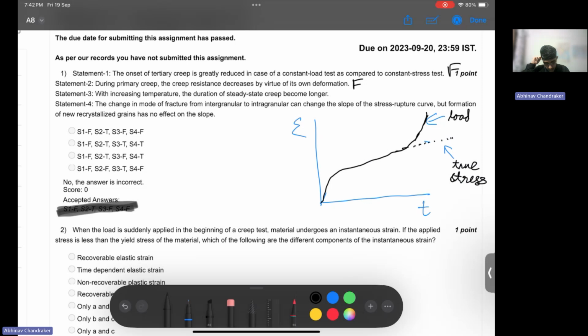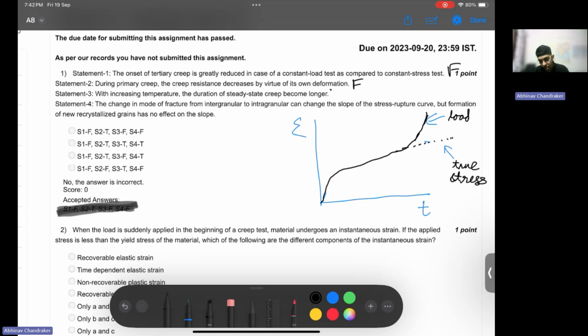I think the steady state creep duration, that is time of this steady state stage, will be lower, because to get to the same strain value you will require less time since your creep rate has essentially increased.